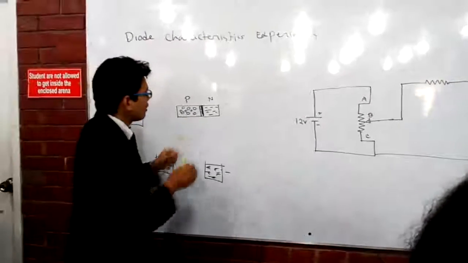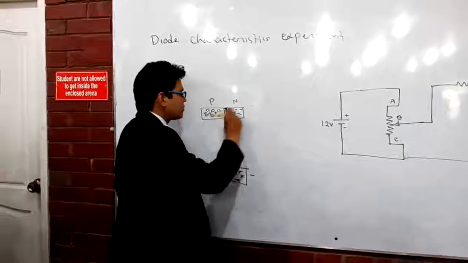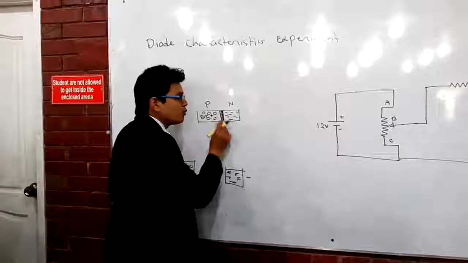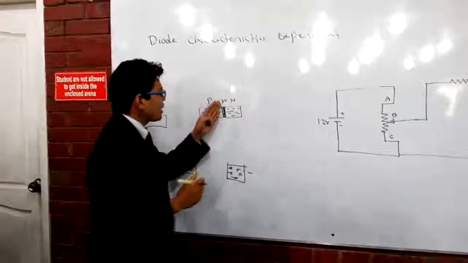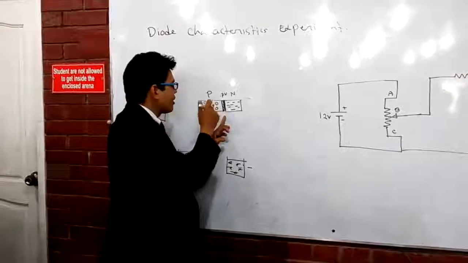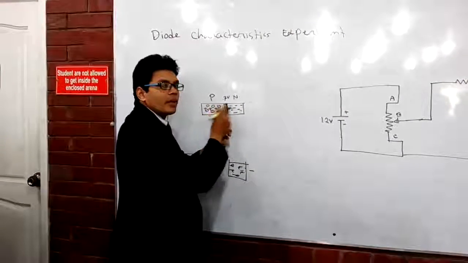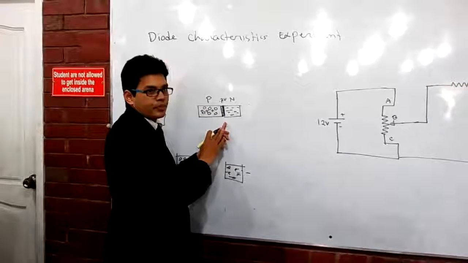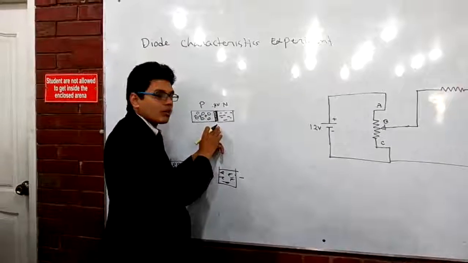So if we would like to remove the field totally, for silicon we need 0.7 volt. If we apply 0.7 volt, then this field will be removed completely, and then the electrons will move, and there will be a flow of electrons in it. Until we provide 0.7 volt, it is under normal state.